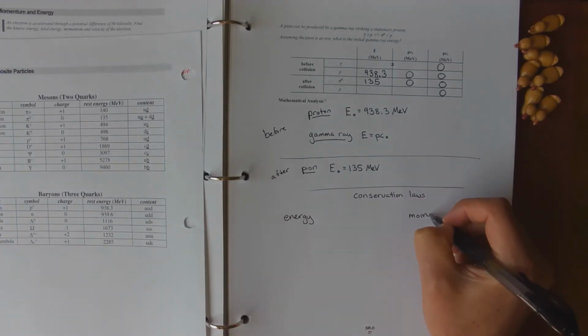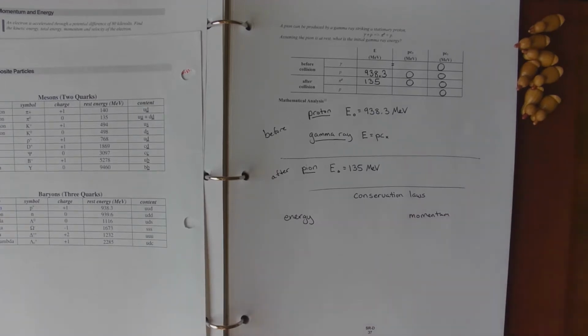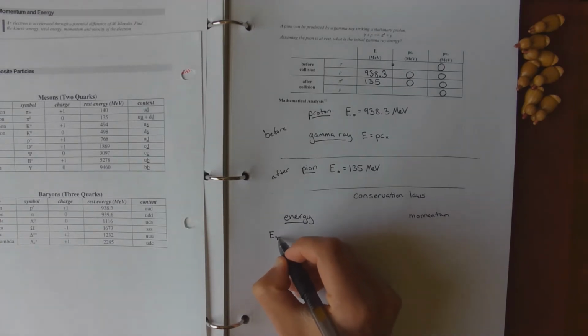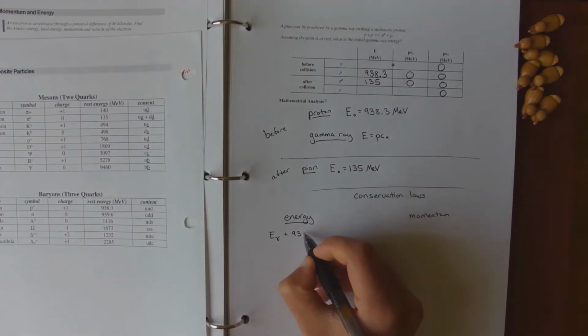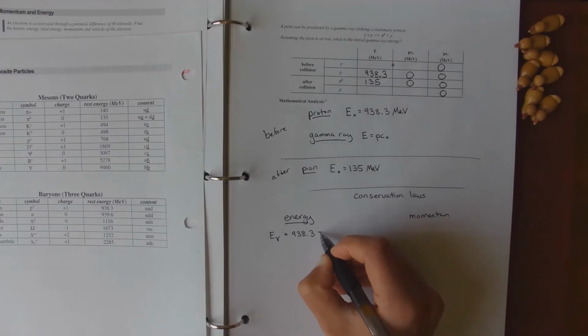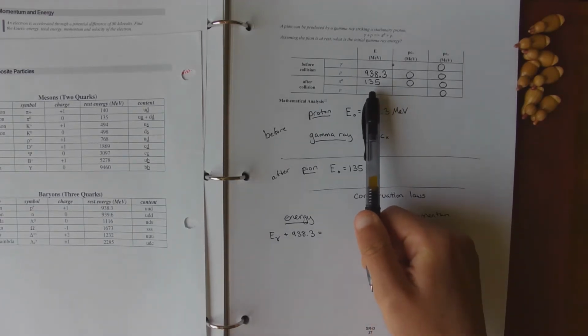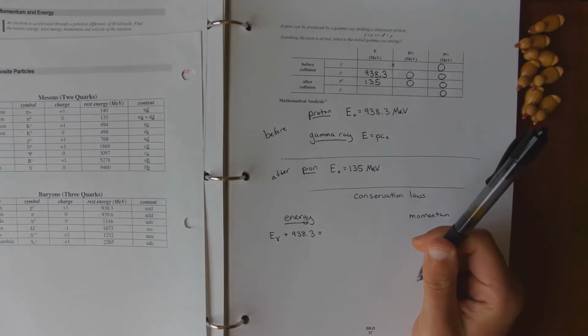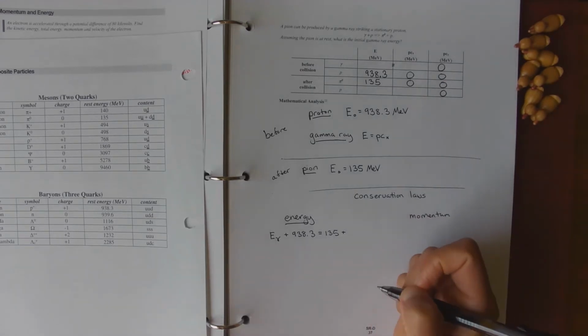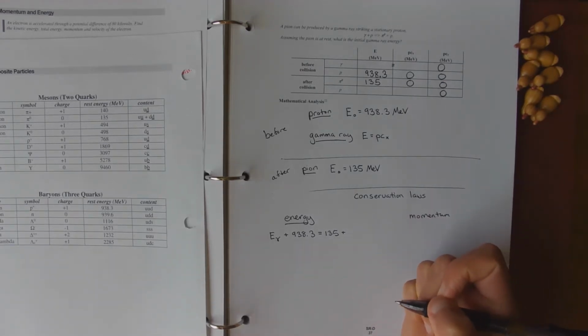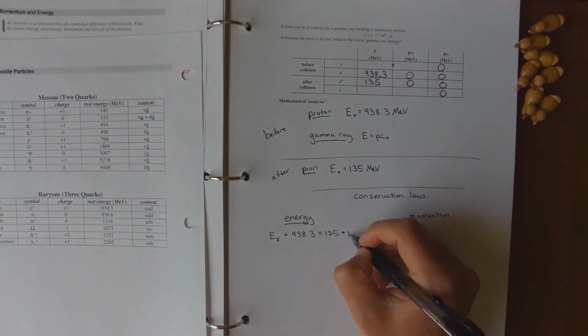So for energy, before the collision, I have the total energy for the gamma ray plus the total energy for the proton, which is 938.3. That's equal to the energy of the neutral pion after the collision, which is just its rest energy, plus the total energy for the proton after the collision, which we don't know.